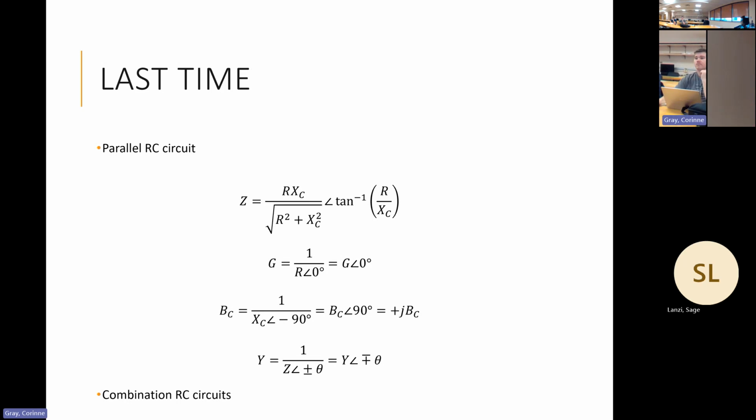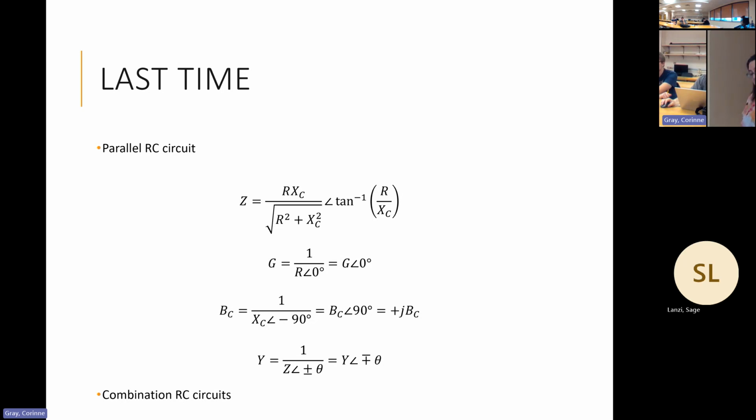So last time when we talked about the parallel circuit, we had a bunch of different equations that came from it. Our definition for Z, or our impedance, looks a little bit different between series and parallel. And then we also had the inverse values of everything. We have our G, which is the inverse of resistance.